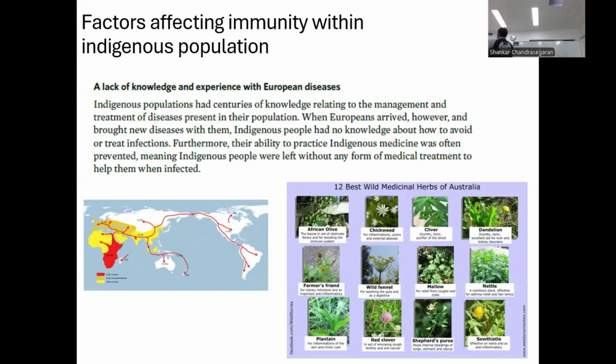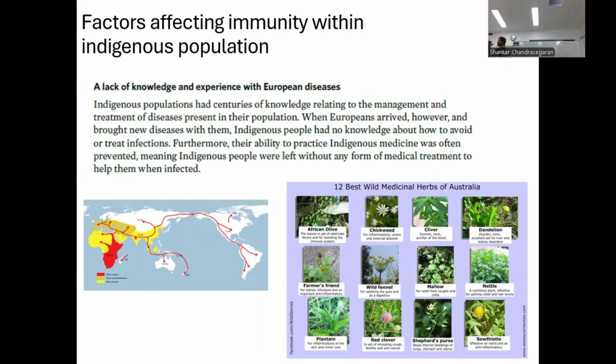Next is the lack of knowledge and experience with European diseases. Indigenous people have accrued a lot of scientific knowledge and discoveries within their community and their environment. However, when Europeans arrived, they brought in new diseases that Australians were never exposed to and never had any knowledge about.